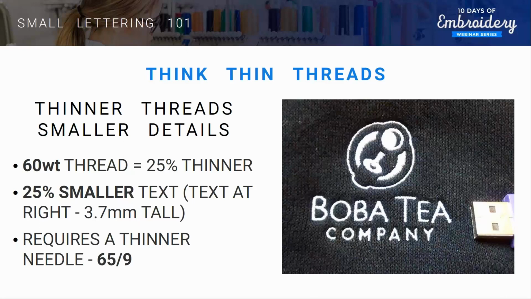However, the material can really affect things. When we're getting this small, when you're getting to these 1 millimeter to sub-millimeter thicknesses on lettering, you can see that they start to interfere with things like the texture of the garment. You get to where even a fairly normal knit, like on this right-hand side, you're seeing a logo that I did for the Bobo Tea Company.